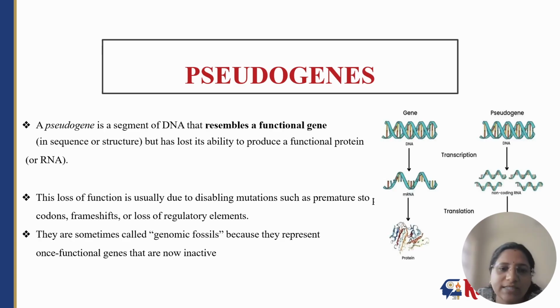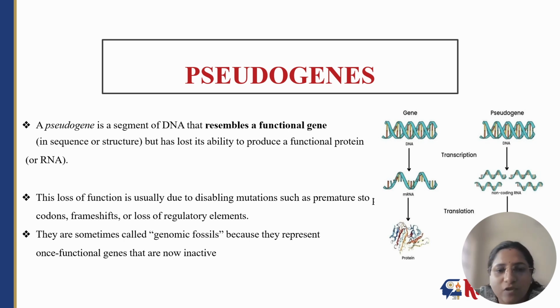A pseudogene is a segment of DNA that resembles a functional gene in sequence or structure, but has lost its ability to produce a functional protein. This loss of function may be due to disabling mutations such as premature stop codons, frameshifts, or loss of regulatory sequences.